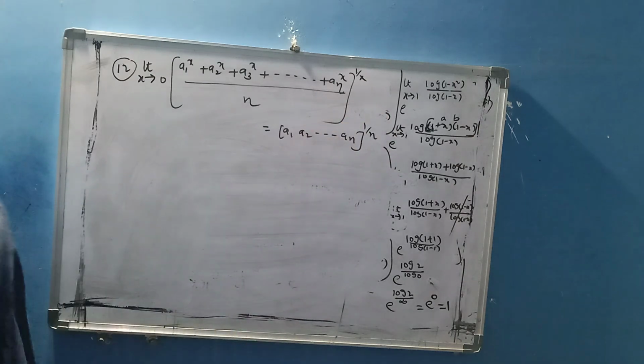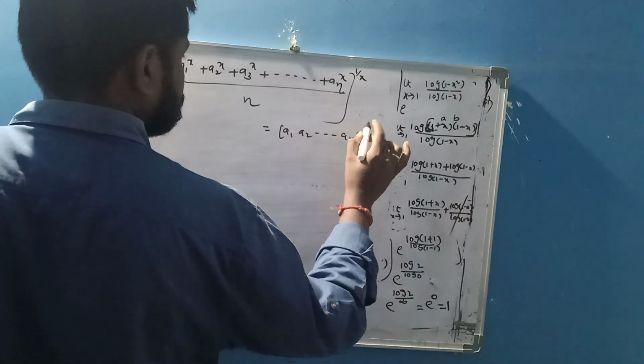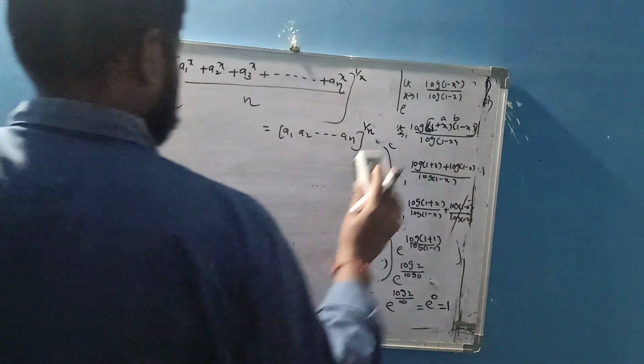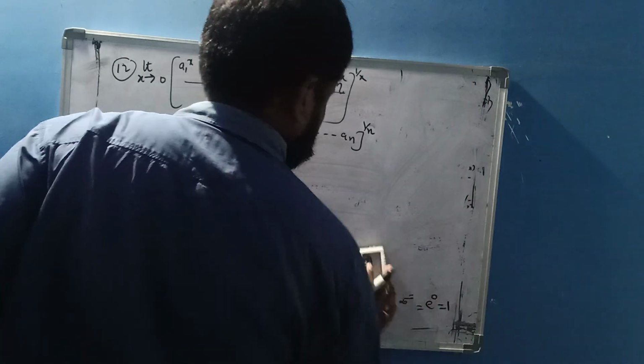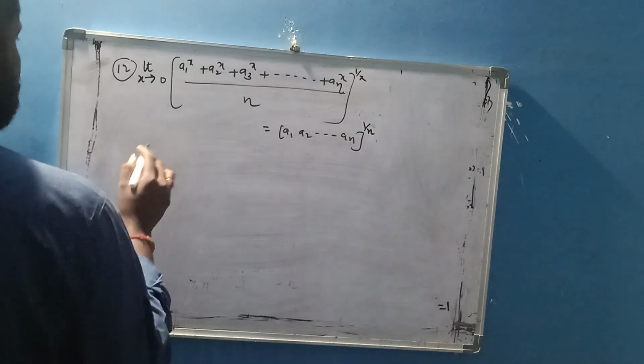This is the formula. Here, whole power 1 by n.